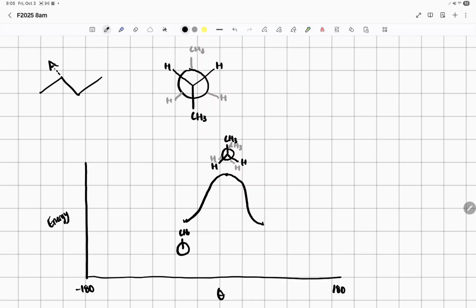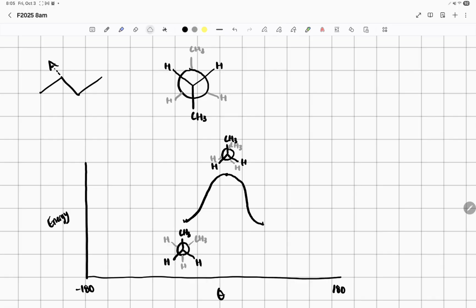So your CH3, hydrogen, hydrogen, and then CH3, hydrogen, hydrogen. So we've entered some state where our steric groups, our atoms, our functional groups, whatever they may be, are not overlapping at all. They're essentially as far away from each other as they can be.